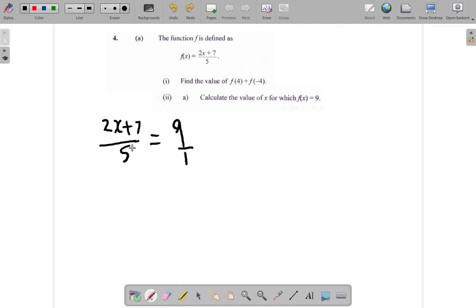So we want to get rid of the 5, the 7, and the 2. How do we get rid of the 5 from over here? You multiply by 5 because you have 2x plus 7 over 5 is equal to 9 over 1.